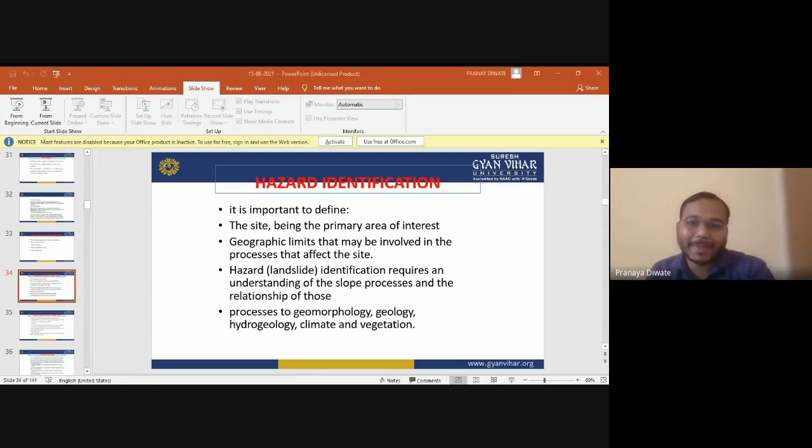What are the basic documents required for the hazard evaluation? You need the topographic map and DEM. You may form a DEM for the area. DEM is nothing but a digital elevation model, which can be useful for any area.